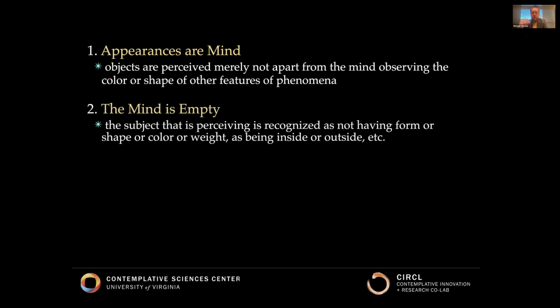So then they go on, and the second is that the mind itself is empty, right? Therefore, appearances or the objective world is empty, which is the mind, but then the mind is empty. The subject that is perceiving is recognized as not having form or shape or color or weight itself, and as not being inside or outside and so forth.